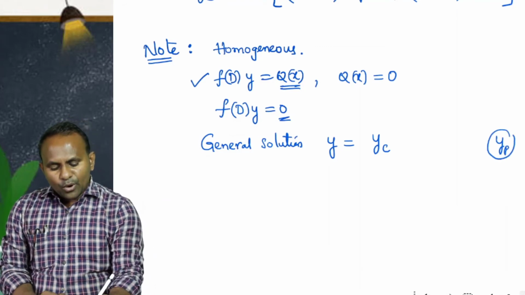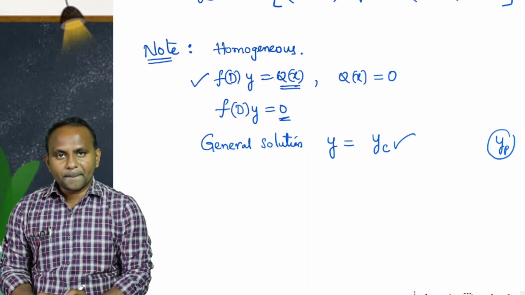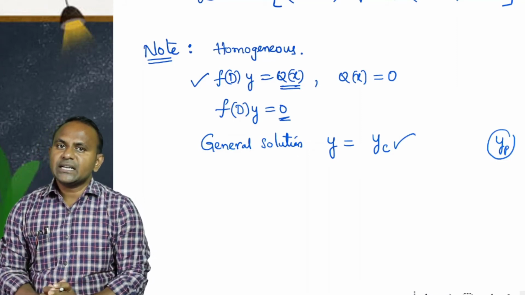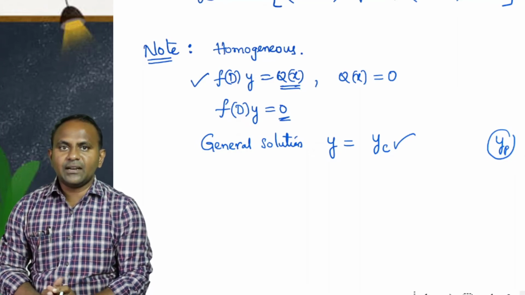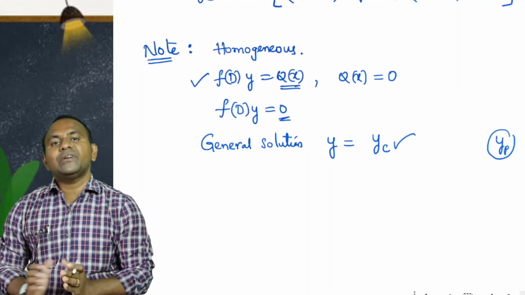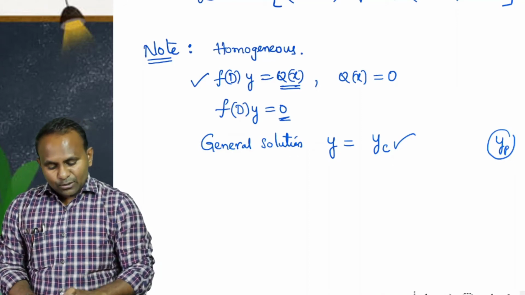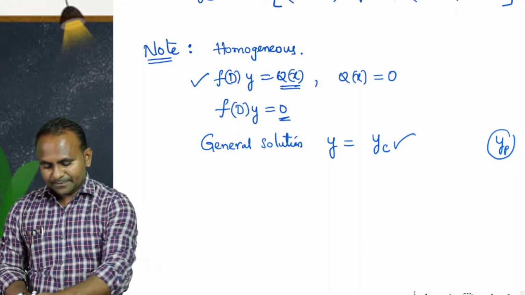Otherwise, only the complementary function is the general solution y. So whenever a homogeneous linear higher order differential equation is given, I mean the right side function is 0, it is enough to write the complementary function, which gives the general solution. Right. So let us look into a few questions.